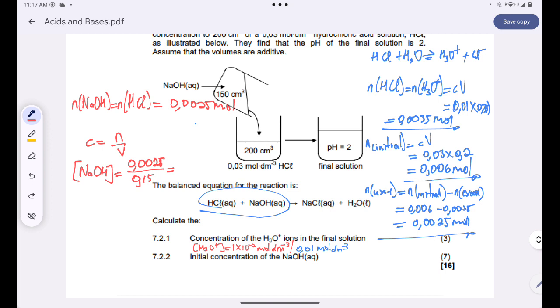Dividing by 0.15, I will simply get 0.016666 recurring, so I'll write 0.017 moles per cubic decimeter. So the initial concentration of my sodium hydroxide is 0.017 moles per cubic decimeter.